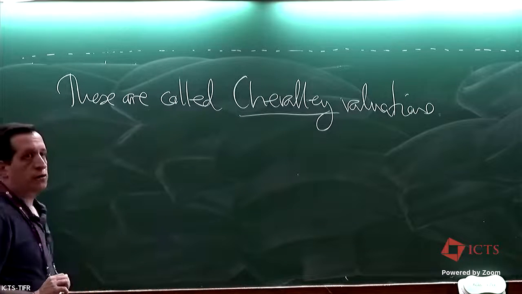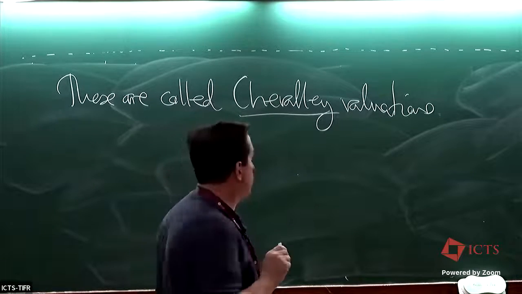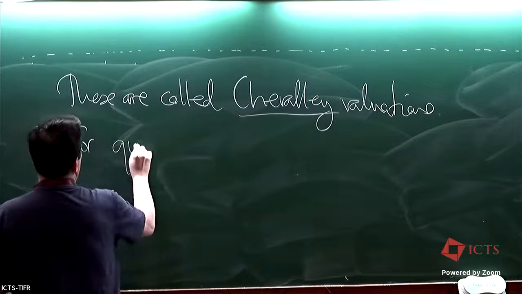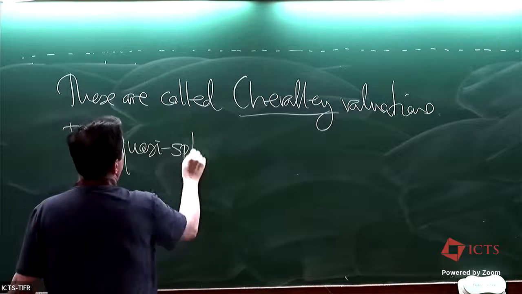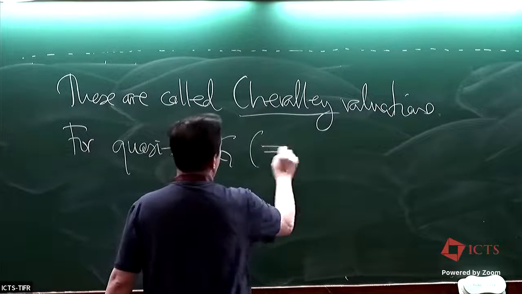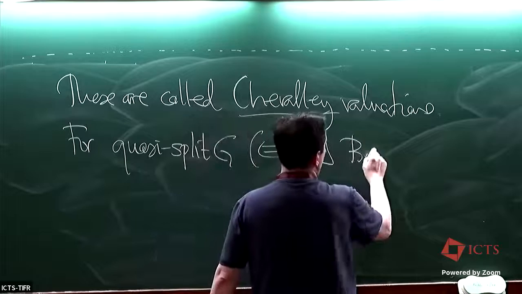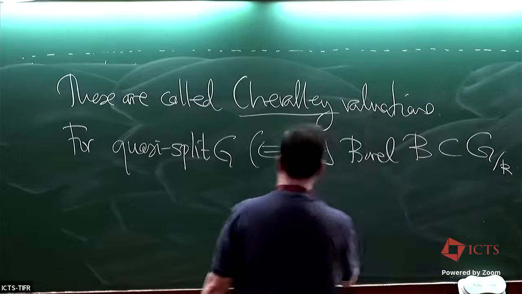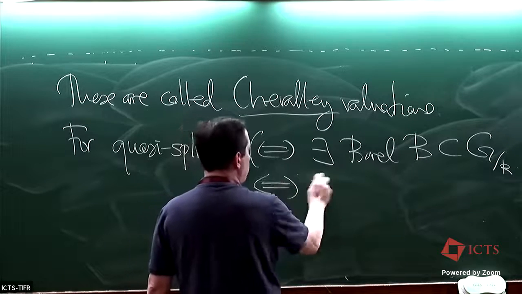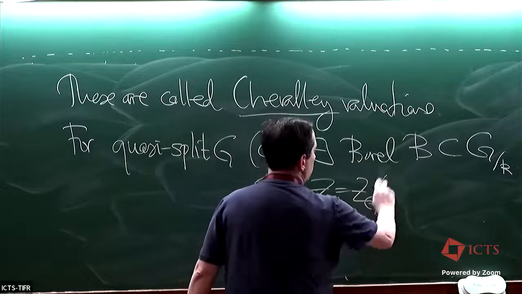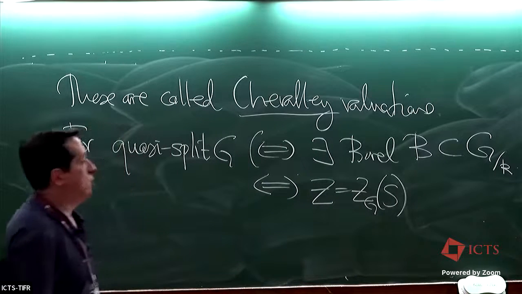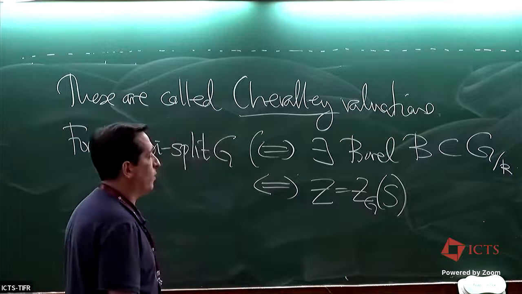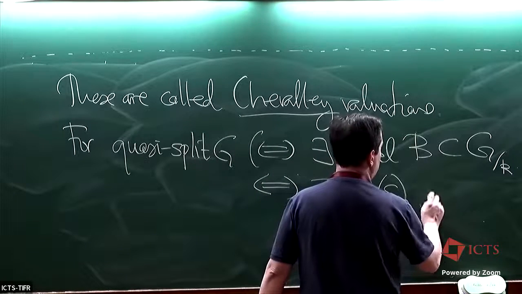There's a slightly broader setting in which one can make these Chevalley valuations: for quasi-split G. Quasi-split means there exists a Borel subgroup in G over the base field. And very importantly, another characterization of being quasi-split is that if you take the centralizer of the maximal split torus, these are so-called Levi factors of minimal parabolics, this is again a torus.